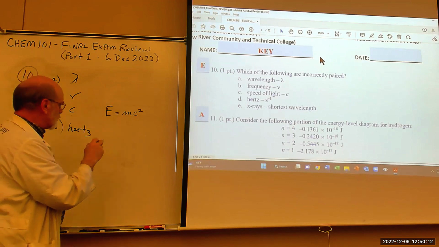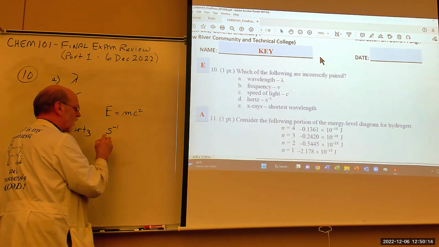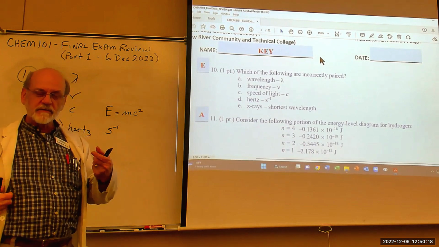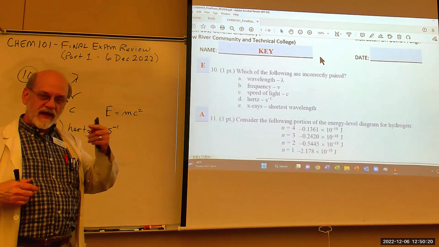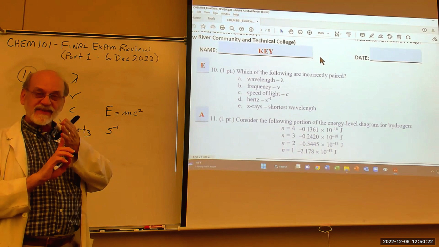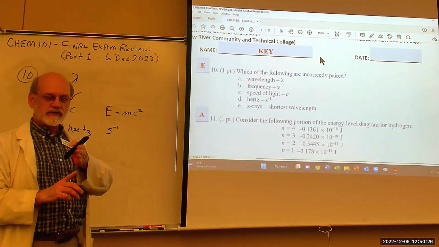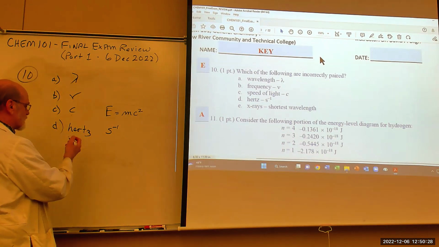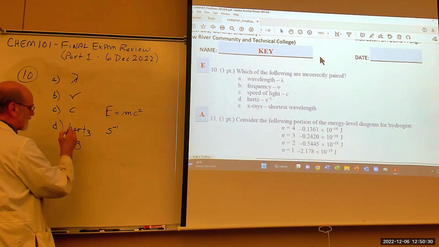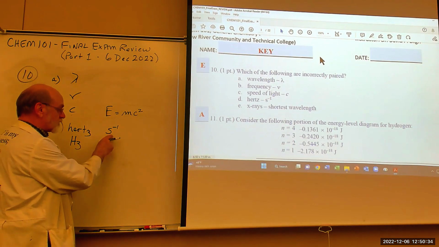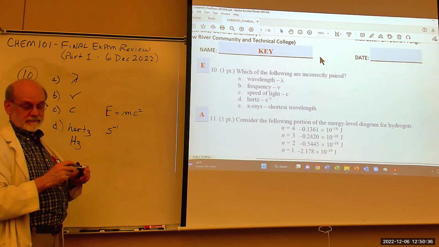The units of measure of hertz are reciprocal seconds. In other words, 1 hertz is 1 complete wave passing a fixed point every second. That's 1 hertz. And it's often abbreviated like that. But when you're using it in a calculation, very often you need that reciprocal second.